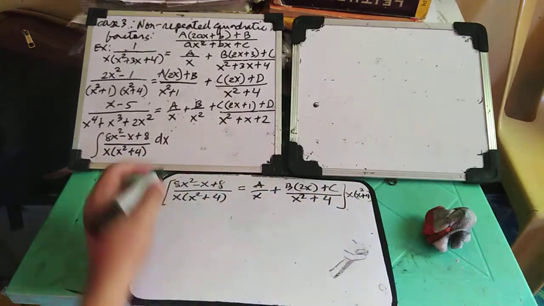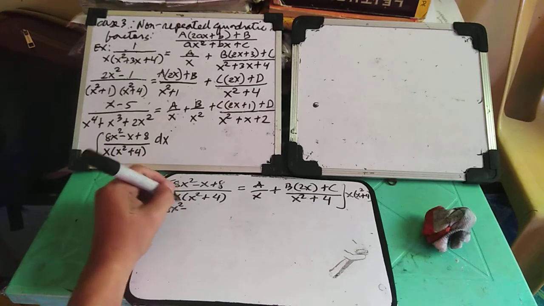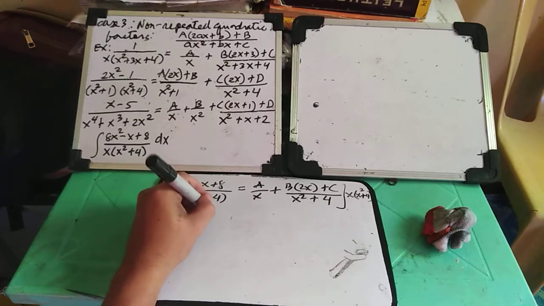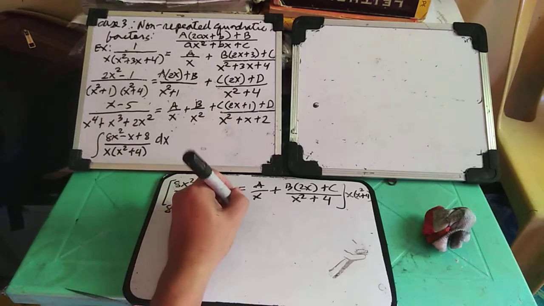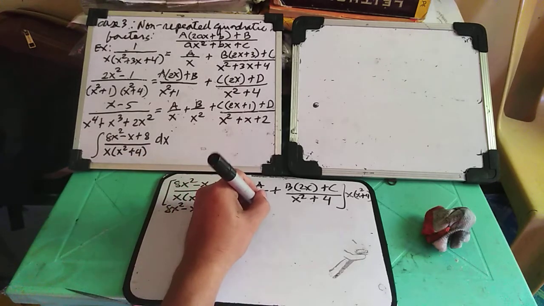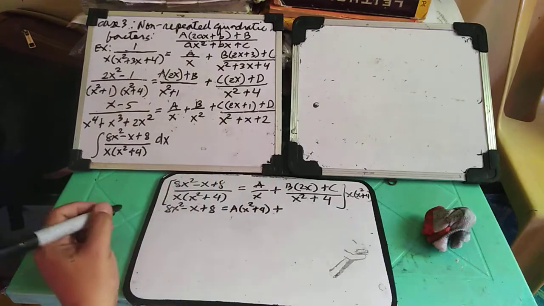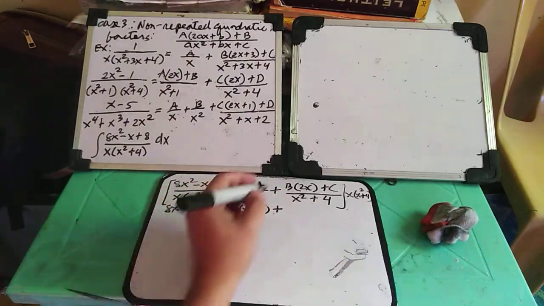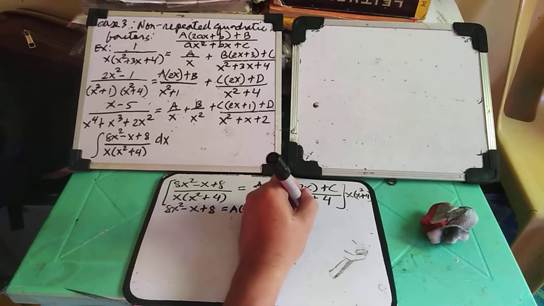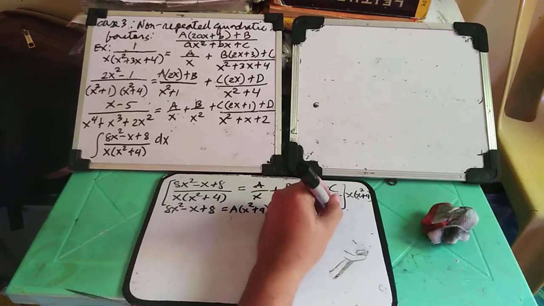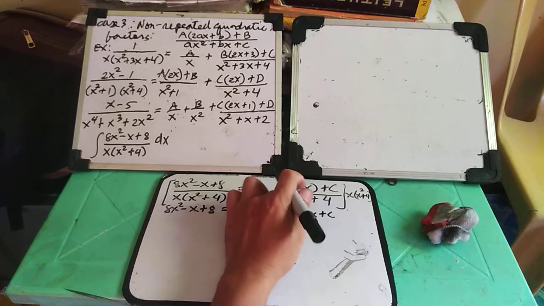So multiplying, we have 8x squared minus x plus 8 equals A times x squared plus 4 plus, multiplying, we have x times 2Bx plus C.